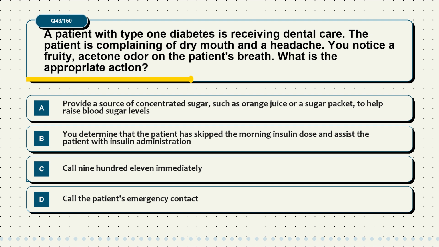Option A. Provide a source of concentrated sugar, such as orange juice or a sugar packet, to help raise blood sugar levels. Option B. You determine that the patient has skipped the morning insulin dose and assist the patient with insulin administration. Option C. Call 911 immediately. Option D. Call the patient's emergency contact.